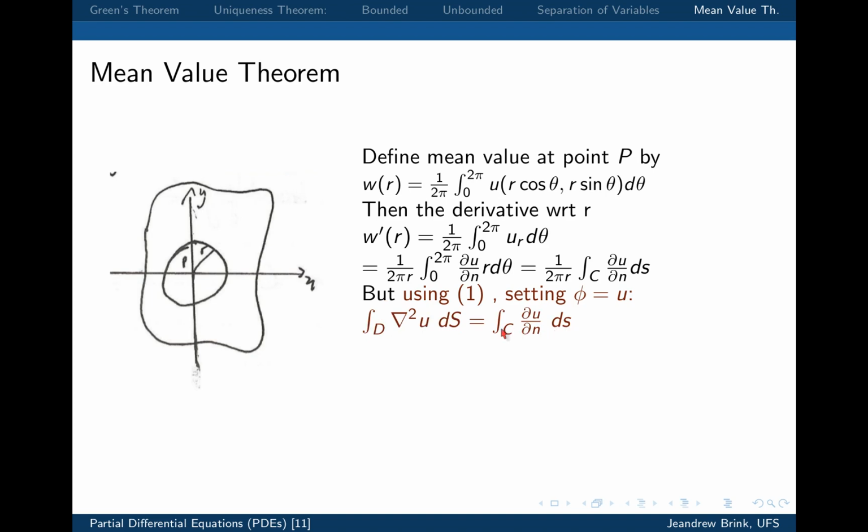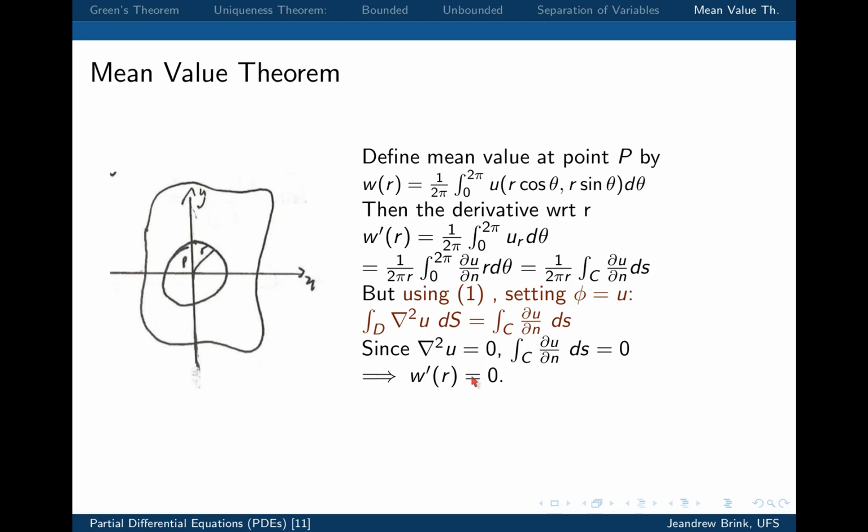If you obey Laplace's equation, this thing is 0, and as a result, so is that thing. So this integral also vanishes, and so the derivative of w with respect to r is equal to 0.